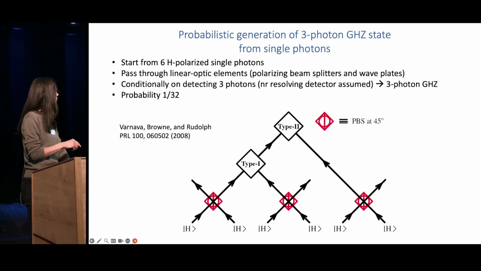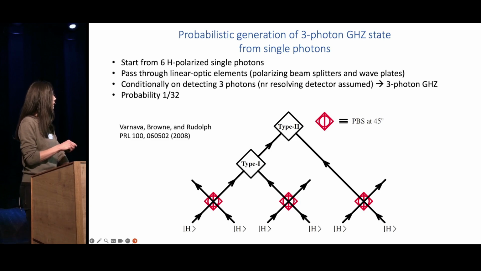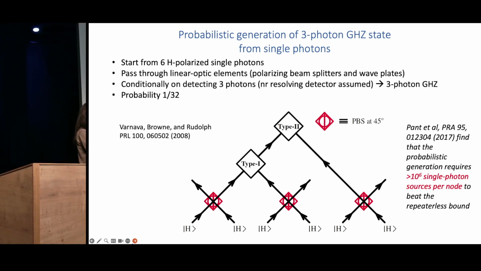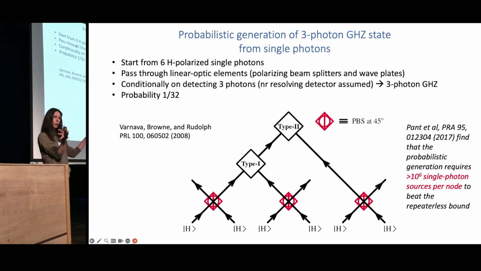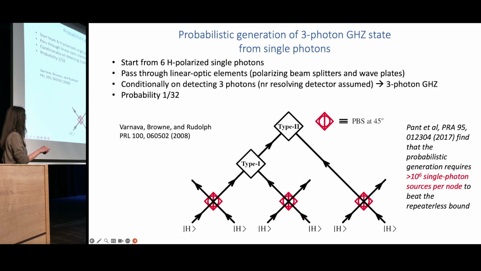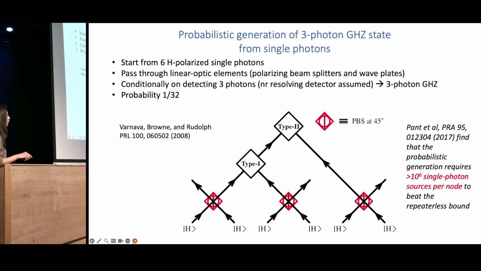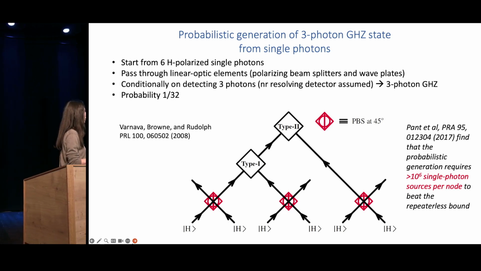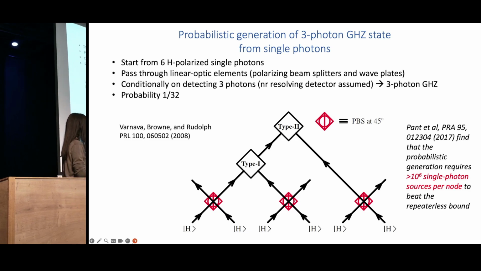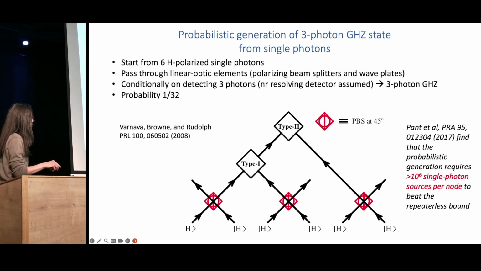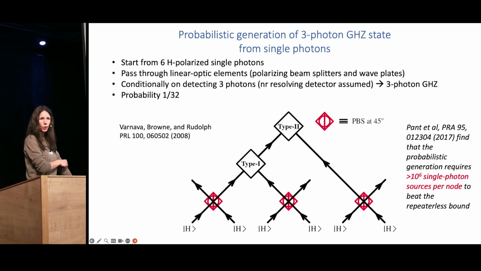And there's an analysis based on creating entanglement this way that said, OK, let's take those repeater states that I showed you, these complicated graphs with the arms, and ask ourselves, if I were to use this procedure in a quantum network, what resources would I need? And what they found is that to beat the limit of no repeater at all, just freely sending the photon, I would need 1 million single photon sources per node.